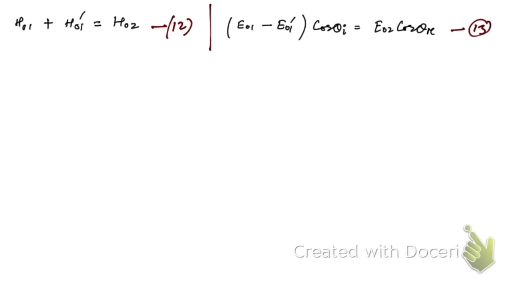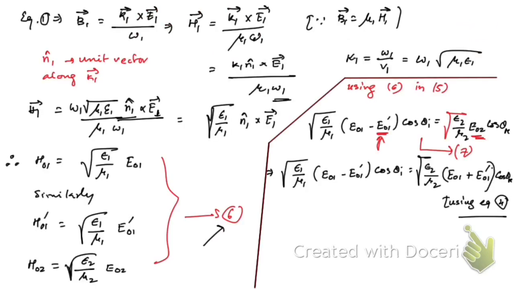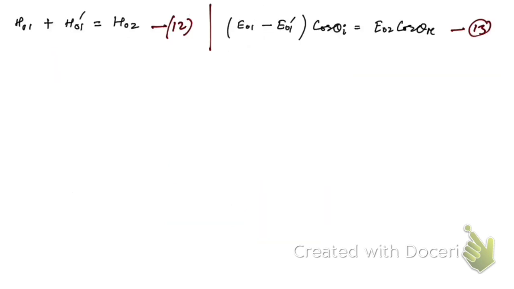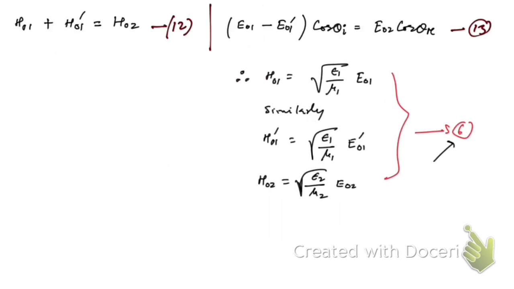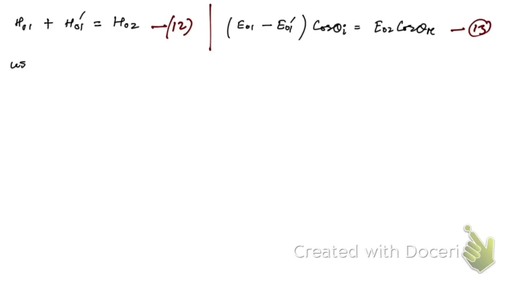Just wait. Now let me use equation number 6 in equation number 12. Okay, then what are we going to get? Using equation number 6 in 12, what can we write here?